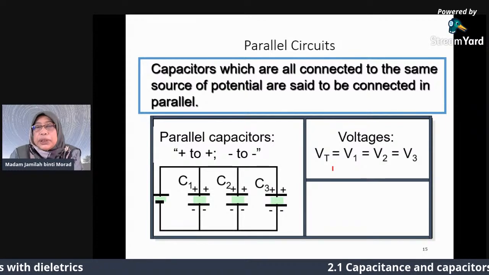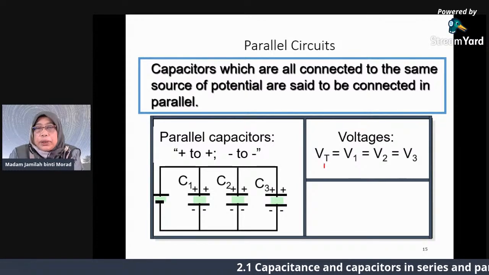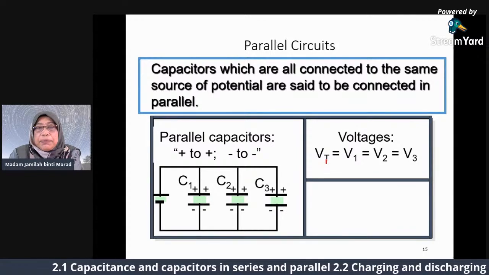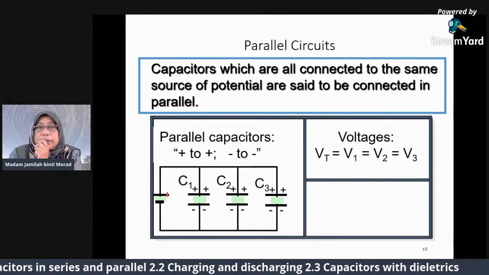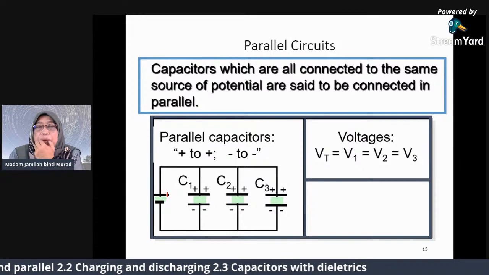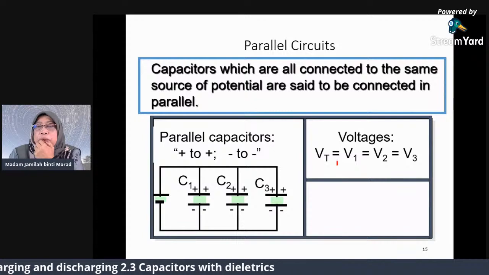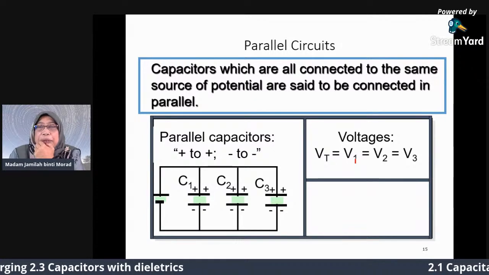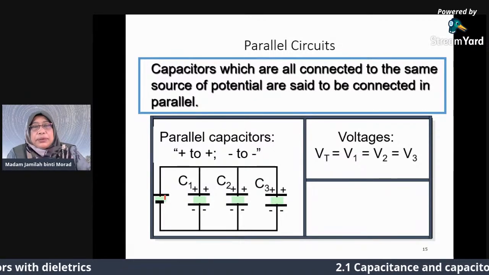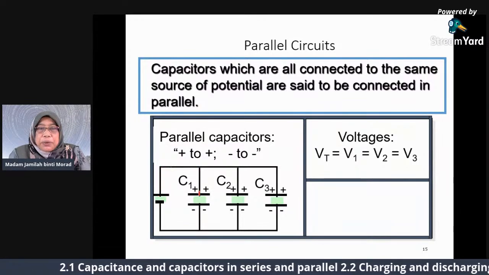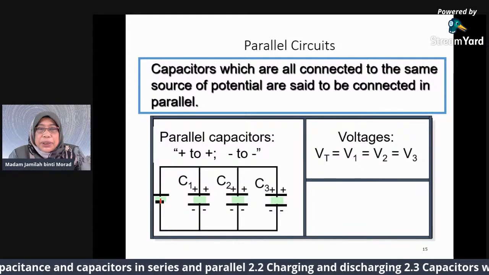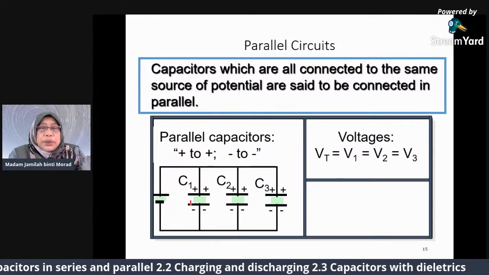In terms of voltage, VT refers to V total, the supply voltage from the battery or your power supply, which equals V1, equals V2 and V3. The charge moves and completes the circuit, so the voltage across the battery equals the voltage across C1.